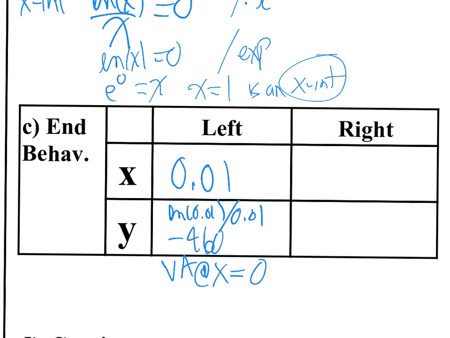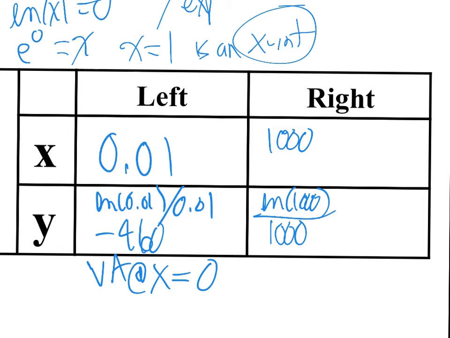Now what about far to the right? Well, I could put something like 1,000 in for x. So I'd have the ln of 1,000 over 1,000. Let's think about this for a second. What does ln of 1,000 mean? What exponent do I put on e to get 1,000?